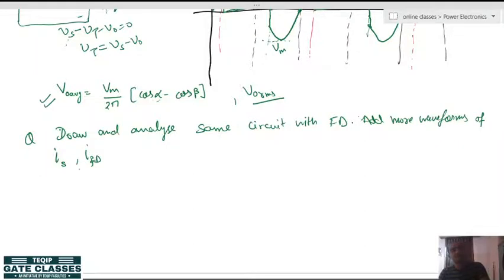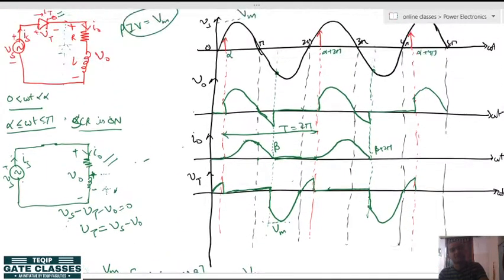Just a simple trick: at pi, when the freewheeling diode comes into action, this negative voltage will not be there. We have learned these advantages of the freewheeling diode in the previous topic, the effect of the freewheeling diode. You can see that lecture for reference.